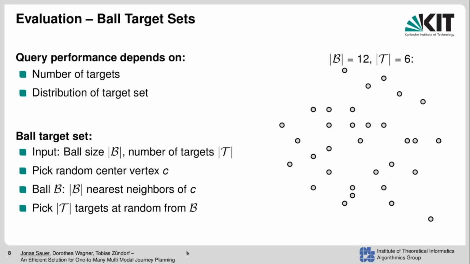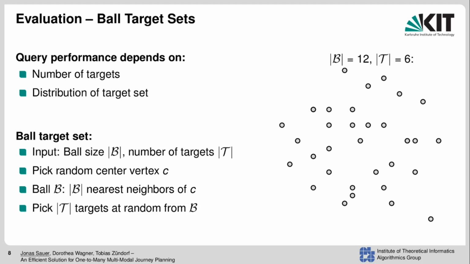Before I show you the results, I want to show you how we chose the target sets for our queries. The query performance depends mainly on 2 things: the number of targets overall and the distribution of the target set in the graph. The further the targets are apart, the larger our target selected graph used for the sweep will become.